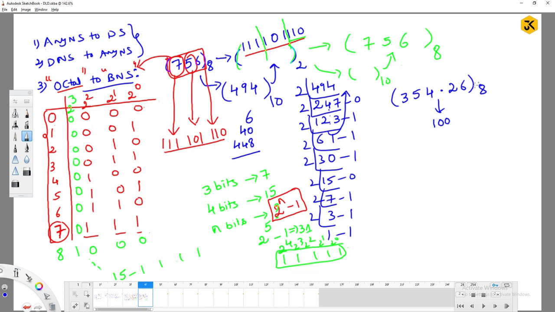Why take only a three digit number? Why can't I add one more 0 here? Because they are asking for only octal, and octal requires 3 digits. 5 means 101, 3 means 011, dot, 2 means 010, 6 means 110.